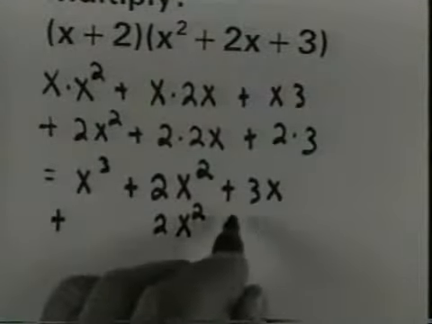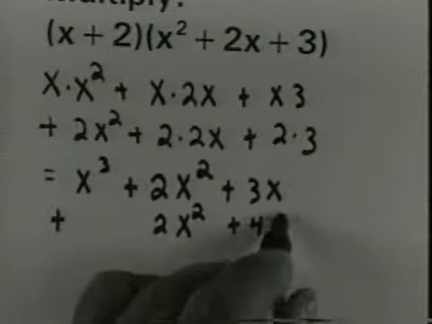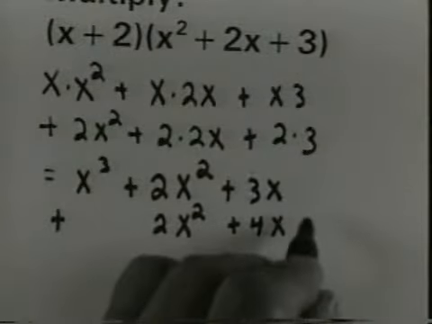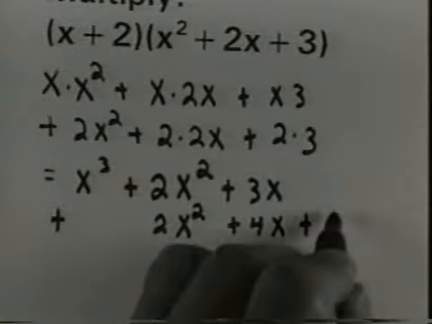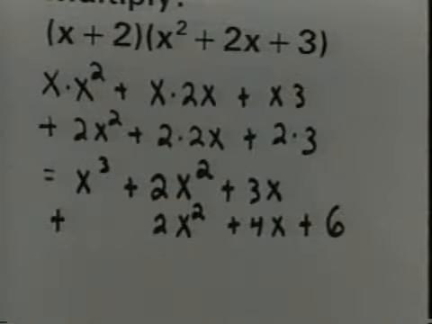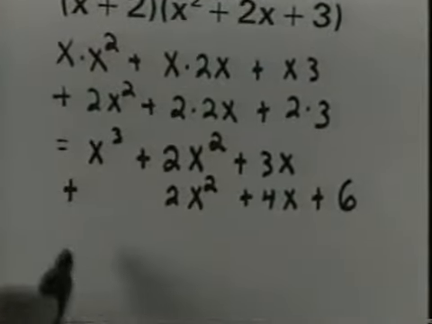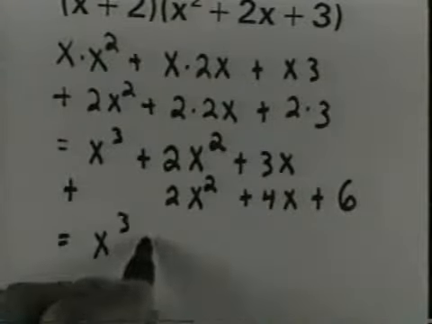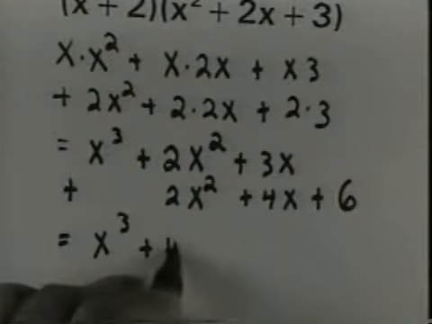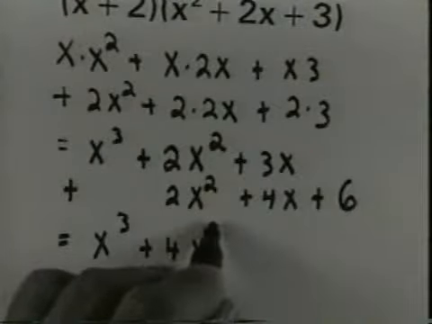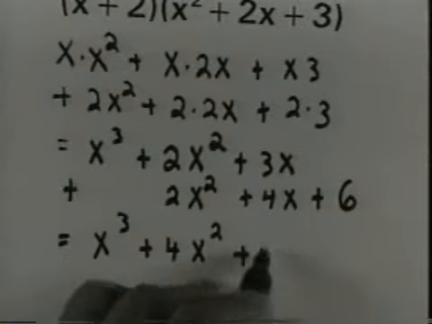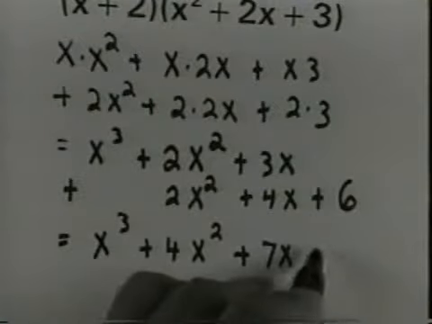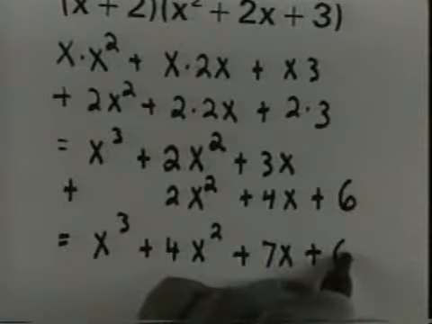Plus 2 times 2x will be 4x. Plus 2 times 3 is 6. Combining like terms, I get x cubed plus 4x squared plus 7x plus 6.